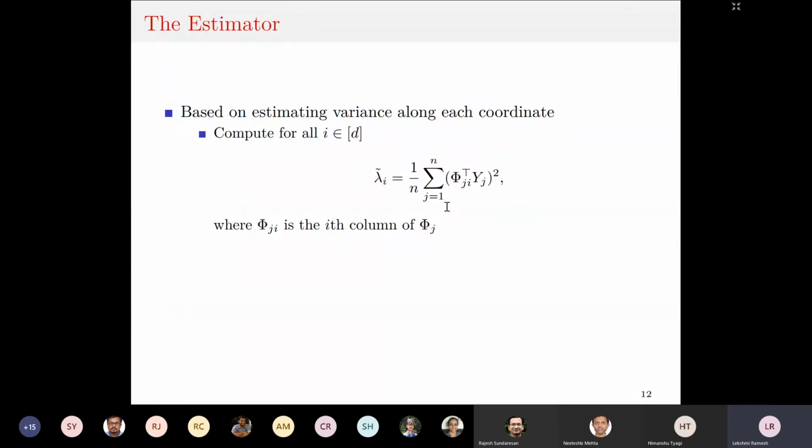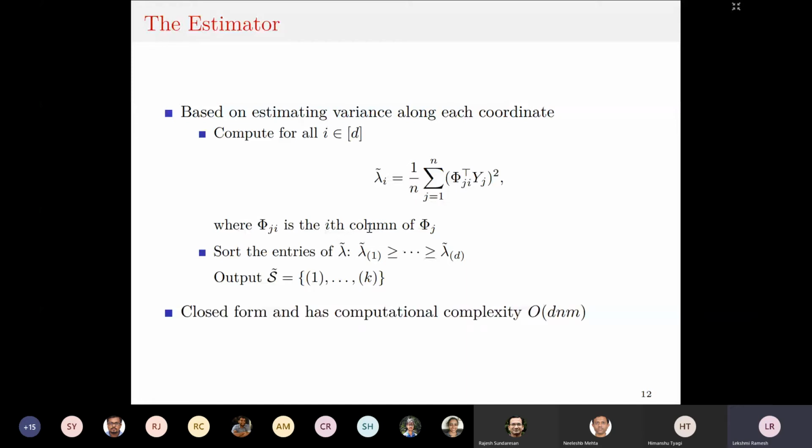We'll call this variance estimate lambda tilde, and you sort all the entries of lambda tilde and pick the top k entries. The indices corresponding to the top k entries of this estimate will tell you what the support is. This is closed form and its computational complexity only scales linearly in D.